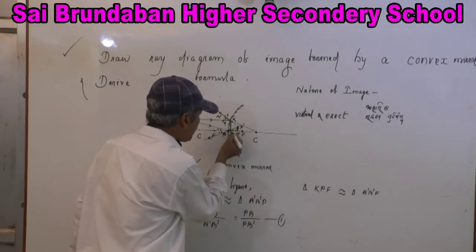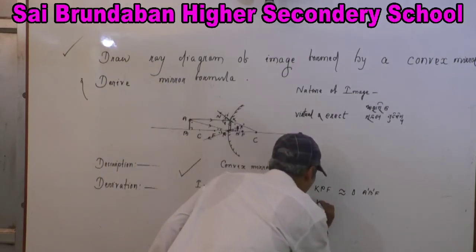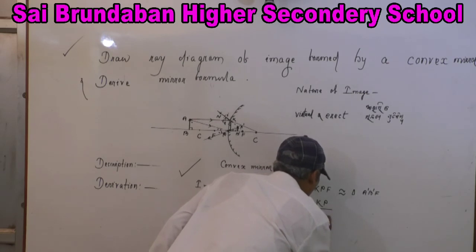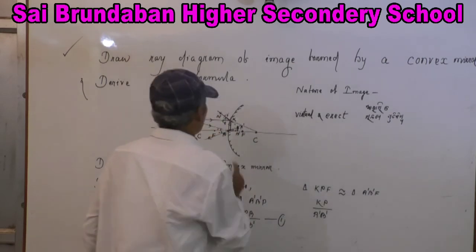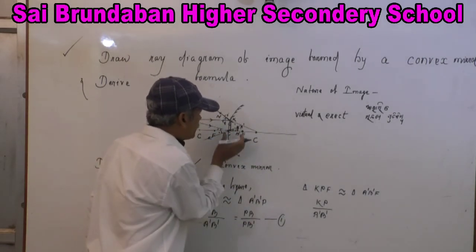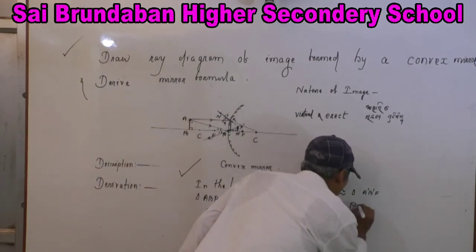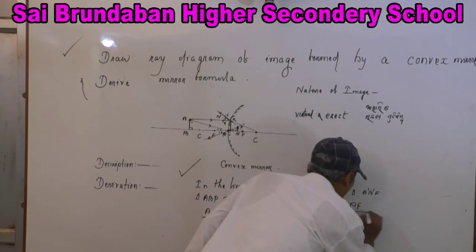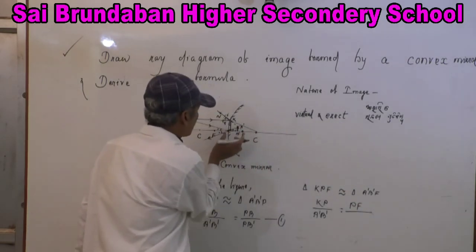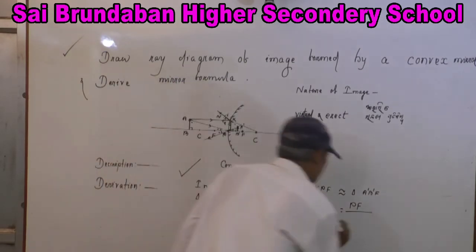KP by A dash B dash is equal to PF by B dash F.